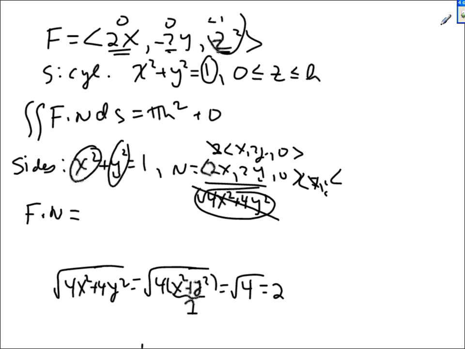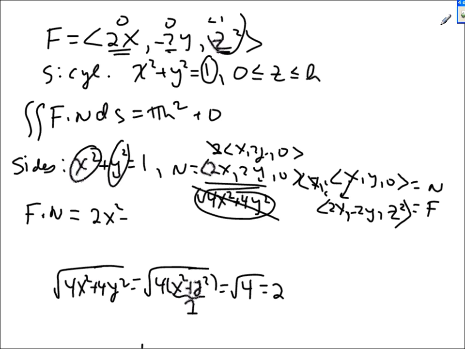And that's n. And when you dot it with f, which is 2x, minus 2y, z squared, you get 2x squared minus 2y squared.